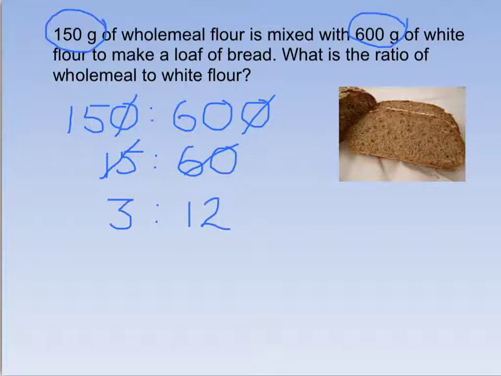Now these two numbers can cancel down a little bit further, so we divide by 3 there and we get 1, and we divide by 3 there and we get 4. So the ratio of wholemeal flour to white flour is 1 to 4. So we use 4 times as much white flour as wholemeal flour.